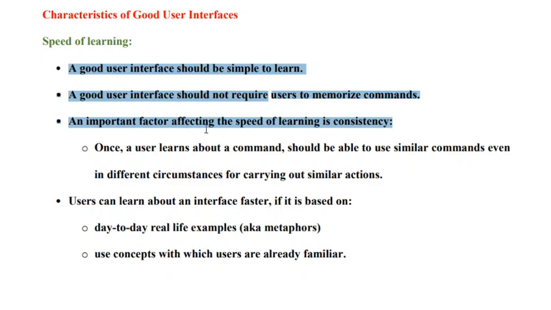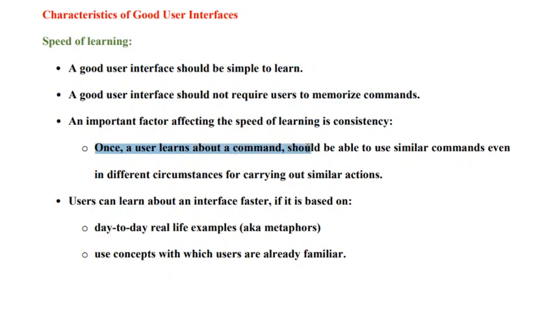An important factor affecting speed of learning is consistency. Once a user learns a command, the user should be able to use similar commands in different circumstances for carrying out similar actions. If there are different versions of the software system, the same command issue procedure can be used for performing operations in the different systems. For example, the success of Windows highly depends on the way the objects in the interface of the Windows operating system are organized.